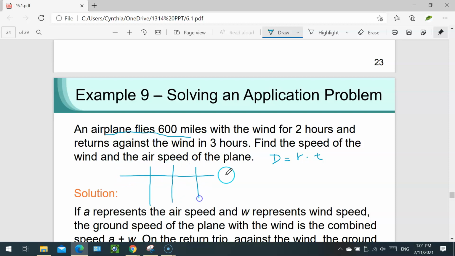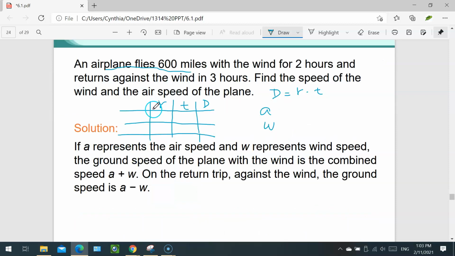This question gives us two different rates. One is the airplane rate, another one is the rate of the wind. So the departure flight has the wind going with the flight, so the rate would be a plus w.